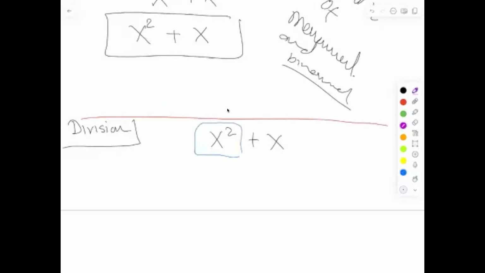Look at the second monomial. What is common to the first monomial and common to the second monomial? And you want to look at the simplest thing. Is it going to be the x squared or is it going to be the x? The x. So now, we call this the greatest common factor.